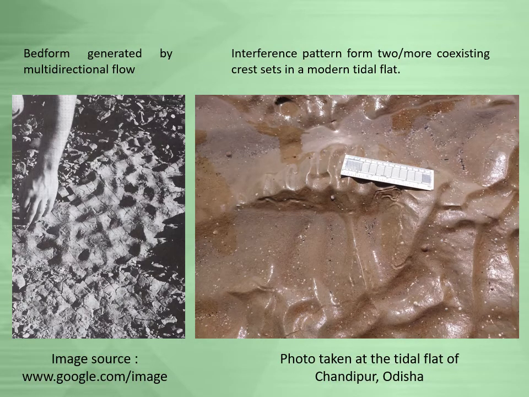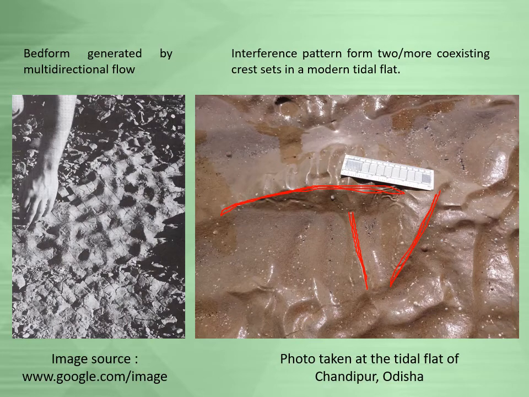Now in ripples also, these kinds of multidirectional crestline orientations are observed, and those are called interference ripples. So you can see in the right hand picture that this one is one crestline, this is the crestline orientation of another set, and this is the crestline orientation of another set.